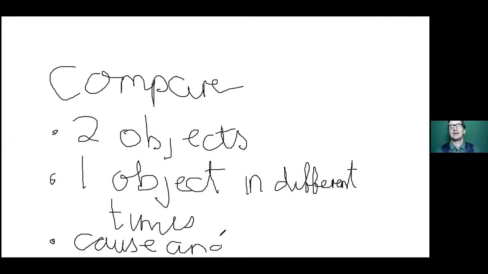Now the last one, cause and effect. What I mean by cause and effect, guys, is a simple question. For example, if I said to you, if you study harder, you will pass your test. So you have your test and you have study.